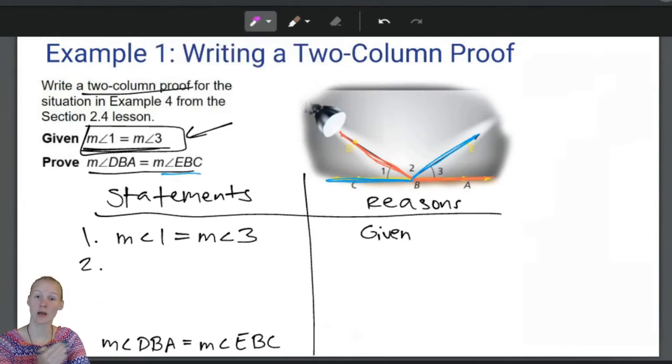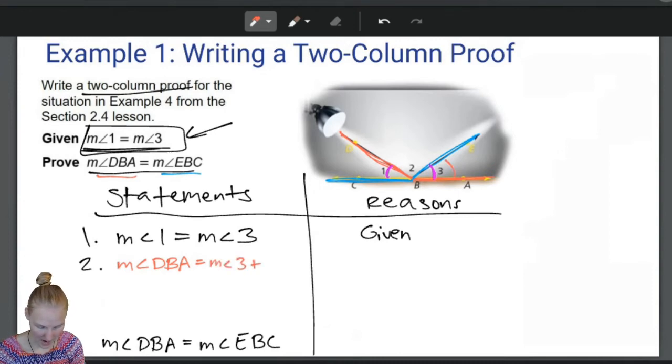Now, what we talked about in the last video is that angle number 1 and angle number 3 are the same, and angle number 2 will always be the same as itself. So, here's what I'm noticing. I'm noticing that the red angle, the measure of angle DBA, is equal to, so the red angle is angle number 3 plus angle number 2.